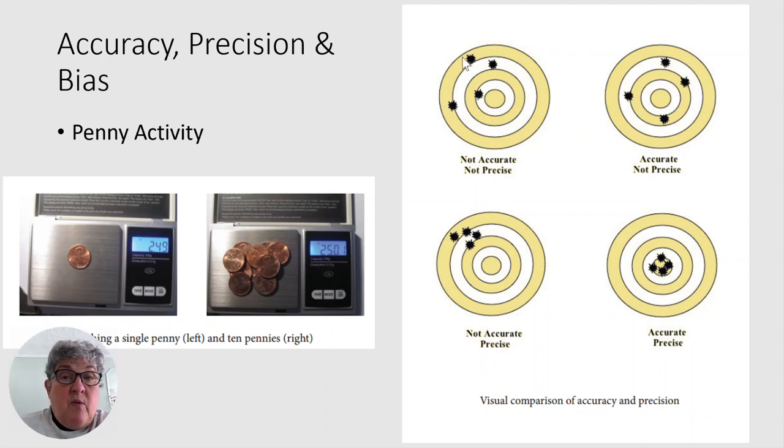In this case, we've got a wide distribution, very poor precision, and we're not accurate either. But if I look at this one, I'm not very precise, but when I take the average of those 4 measurements, I'm going to likely hit dead center and be very close to the number. So accuracy is different than precision, and we have to worry about bias.